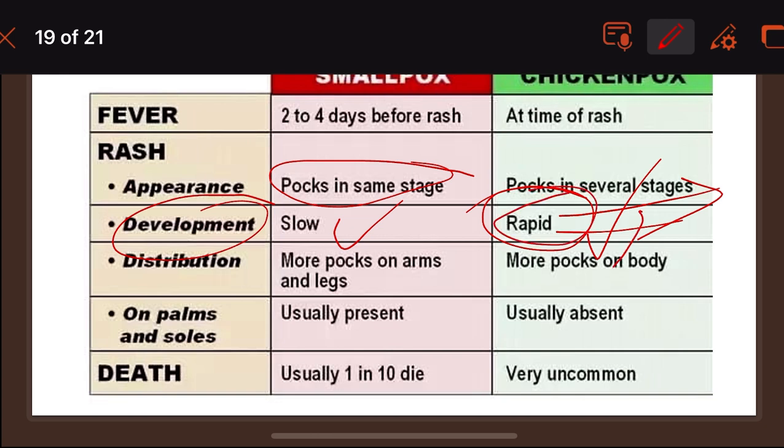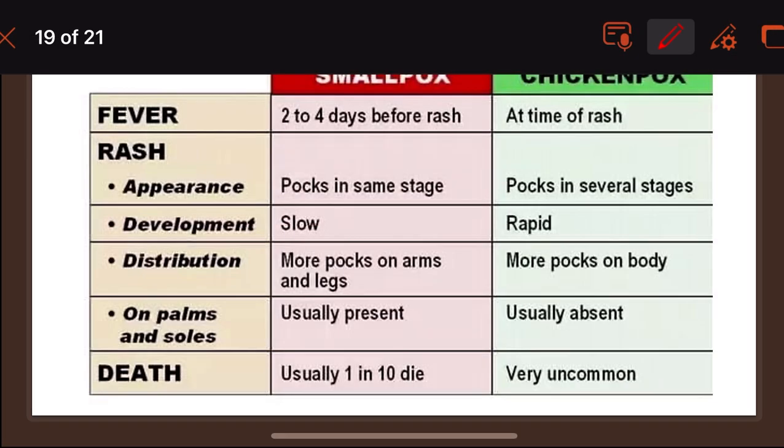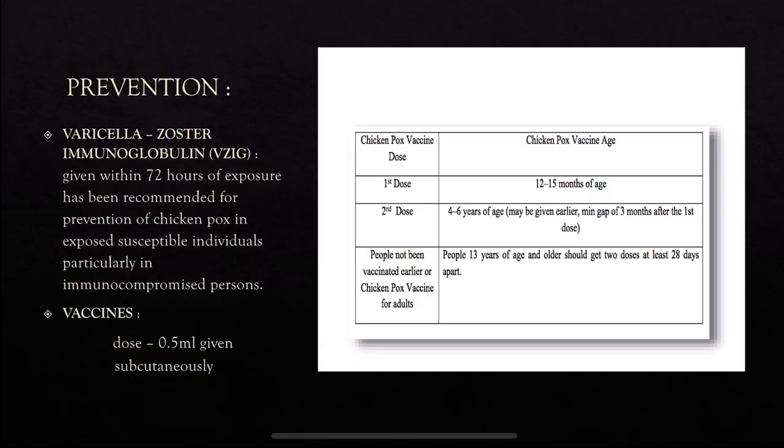The distribution: in smallpox it is more on the periphery, the arms and legs are affected more, whereas the body is affected more in chickenpox. The palms and soles are usually involved in smallpox, while usually absent in chickenpox. In smallpox, usually one out of 10 people die. Death is very uncommon in cases of chickenpox.